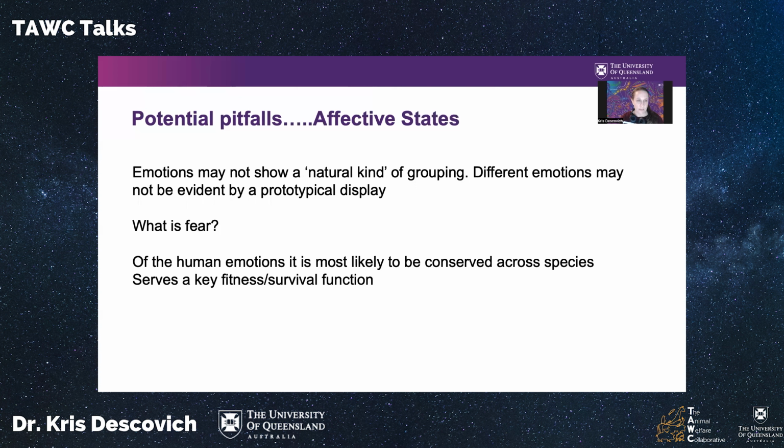Well, let's look at the example of fear. How is a fear expression expressed in the face? Well, out of all the human emotions, this is an emotion that's very likely to be conserved across species, whether it's exactly what we mean by fear or not, because fear serves a key fitness and survival function. When you fear, you know how to protect yourself. You know to act to protect yourself.